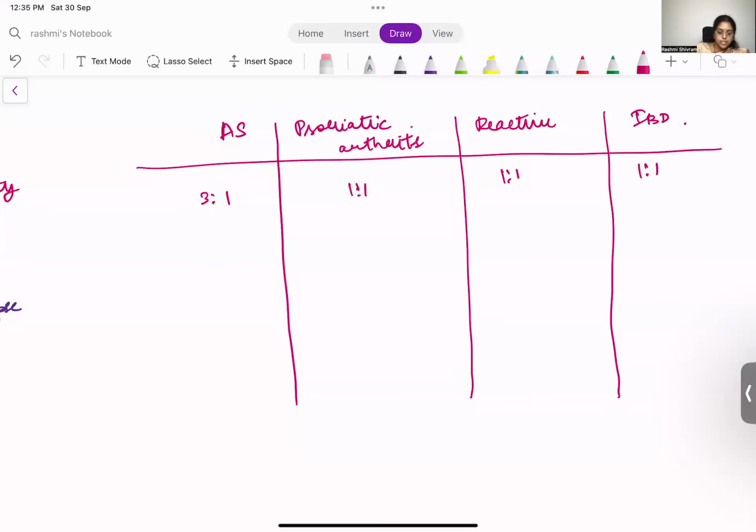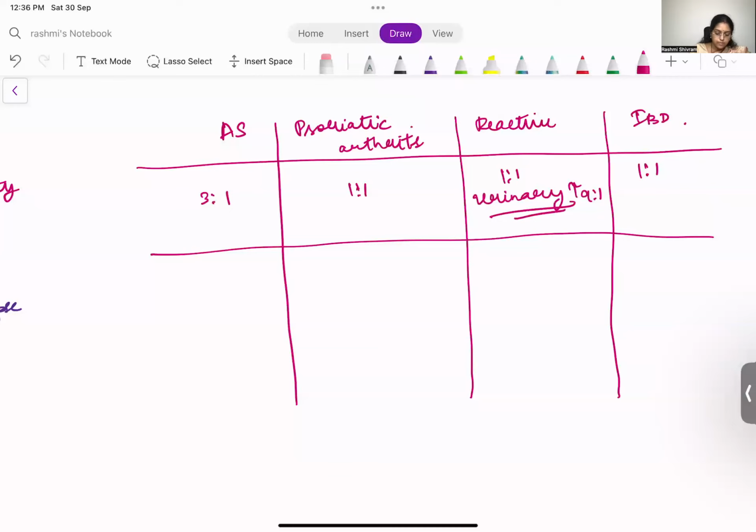In reactive arthritis, if the patient is having a urinary infection, then the risk is increased, especially in females. So females are more predisposed to urinary infections, right? So among patients with urinary infection who develop reactive arthritis, it is more common among the females, as high as 9:1. Okay, because urinary infections are more common among the females, right?